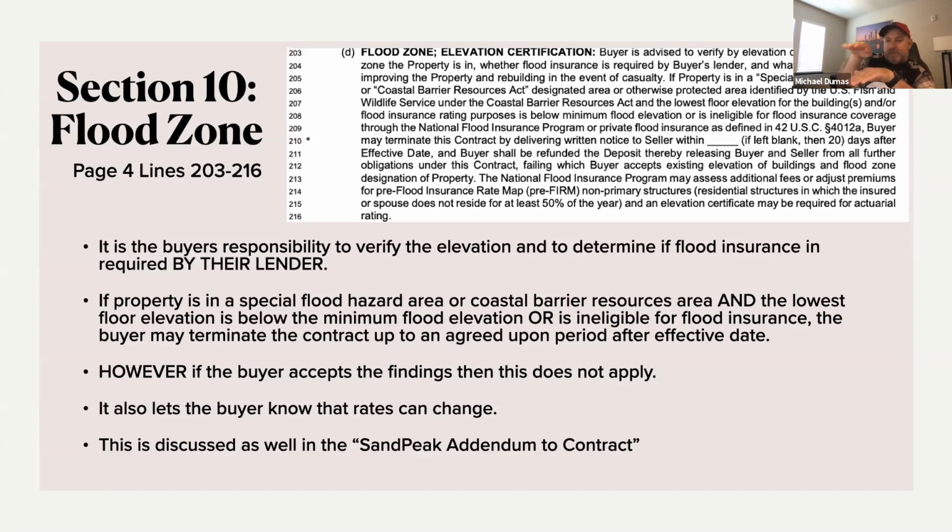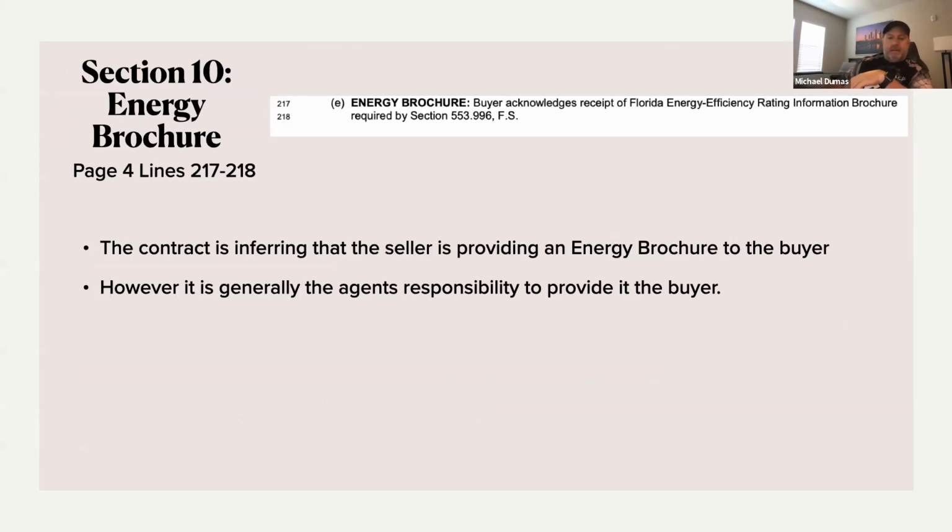So this is the minimum and this is the lowest, or the property is ineligible for flood insurance, the buyer may terminate the contract up to an agreed upon period after effective date. It's right here on line 210. Buyer may terminate this. Oh, wait, let me go back. That's all right. We'll come back to that in a second. Buyer may terminate. Okay.